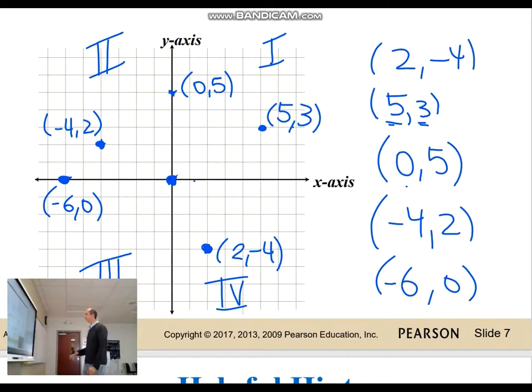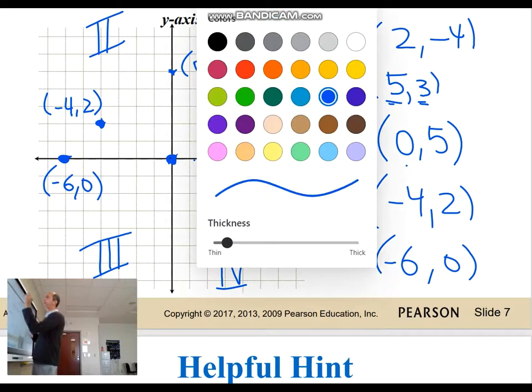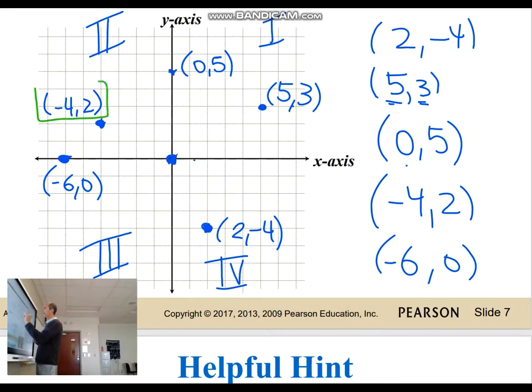And another thing you have to notice is that the order of the numbers in the ordered pair is important. It matters. Check this one, this is -4, 2, and compare with this other one here, 2, -4. They are the same numbers but in a different order. That means different points, different positions.